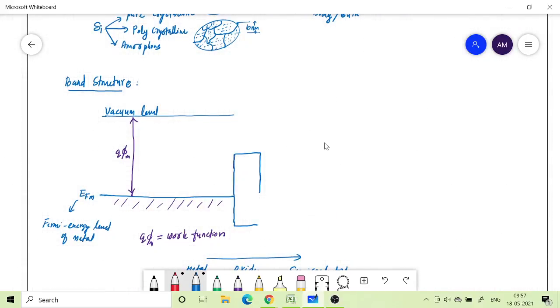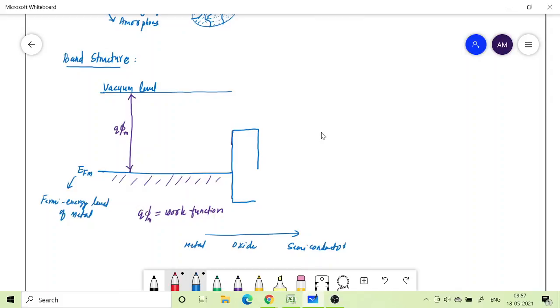Right now I am not connecting it, so I don't want an overlap here, so I will keep it disconnected. I am drawing it separately. For some region there is the oxide.